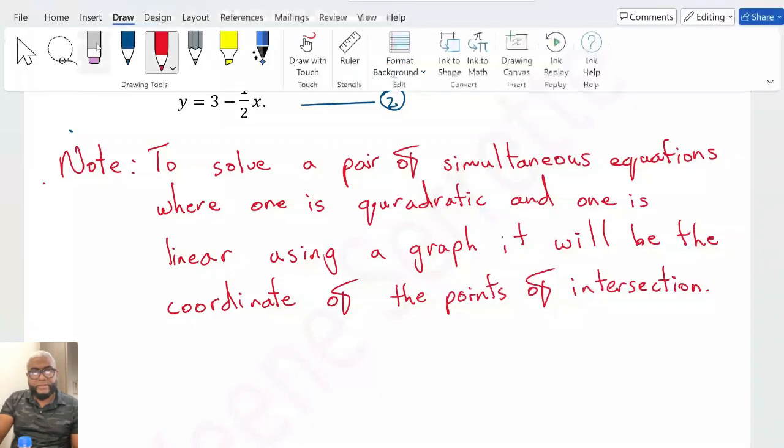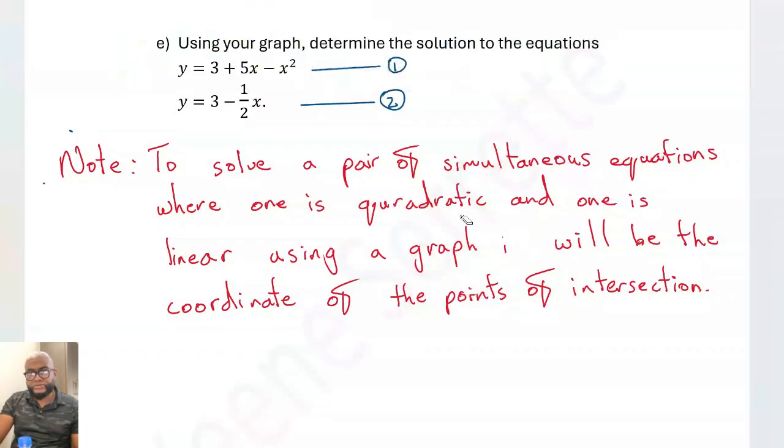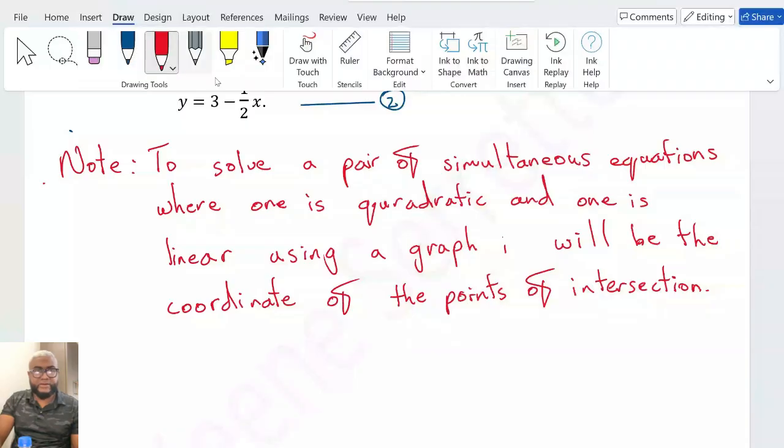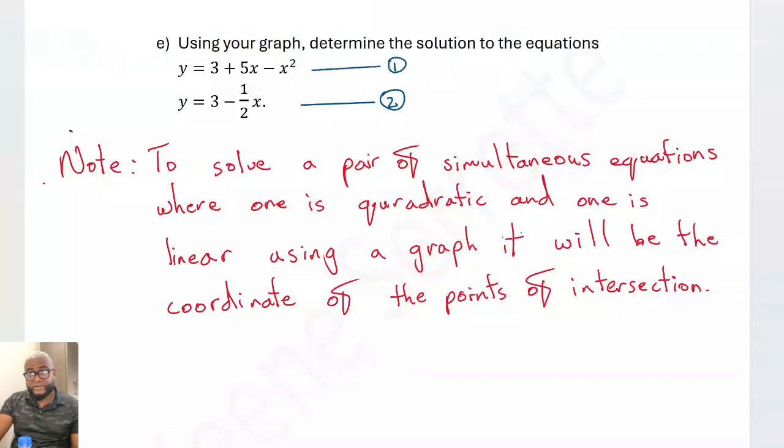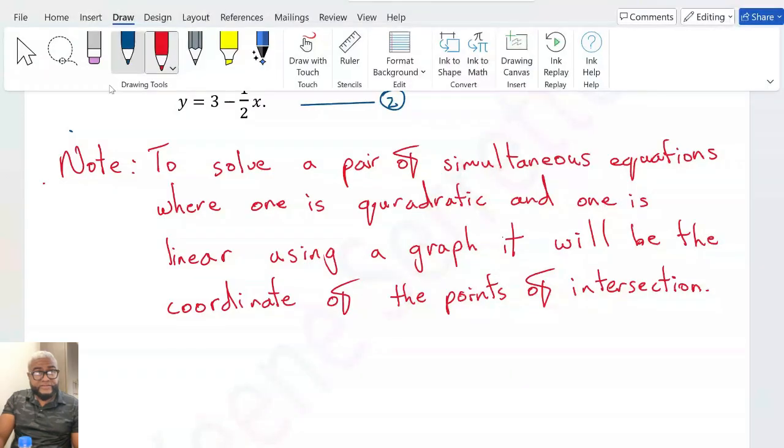So it will basically be the two points where the curve and the line meet. Okay? So they want the coordinates of these 2 points of intersection.